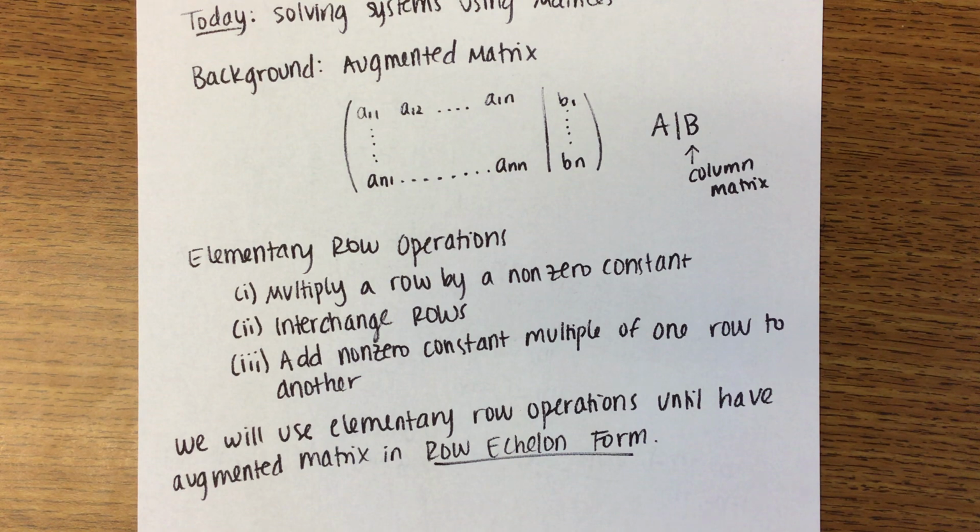Okay, when you've solved systems in the past, you likely have either used inverse matrices or you've done RREF. So RREF is reduced row echelon form. So there are two different forms. There's row echelon, and then there's reduced row echelon. And they're related, so we're going to talk about both.